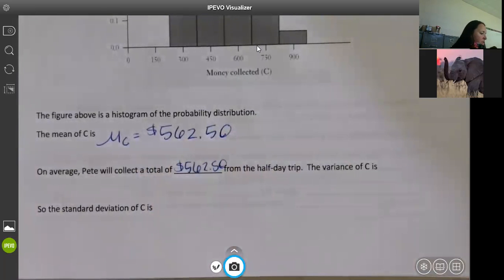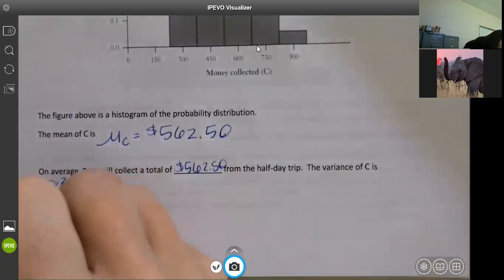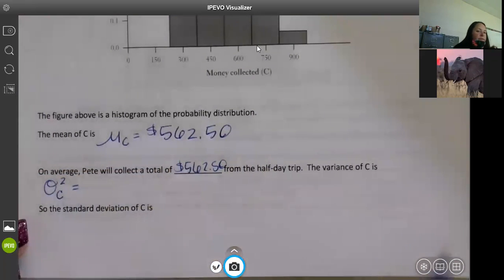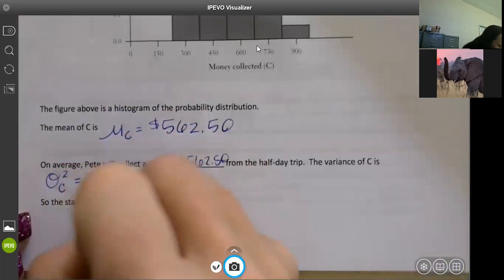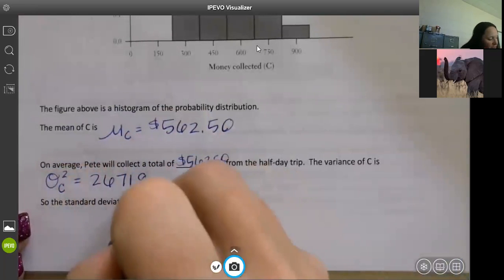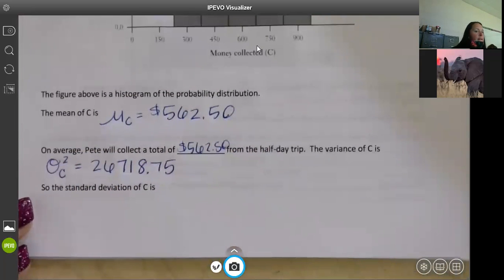Calculating the variance, we would do 300 minus 562.50, squared, times 0.15, plus and so on. Or we would find our standard deviation in our calculator and square it. So our variance for C is 26718.75.